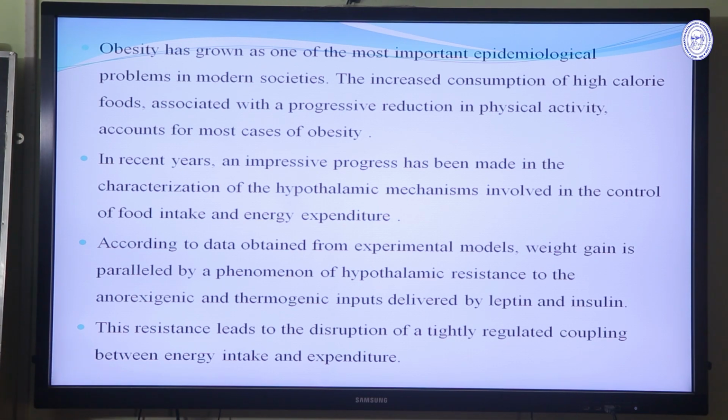According to data obtained from different animal studies and experimental models, weight gain is paralleled by hypothalamic resistance towards the anorexigenic and thermogenic inputs delivered by leptin and ghrelin, two hormones that play a very crucial role in the regulation of food intake. This resistance disrupts the tightly regulated coupling between energy intake and expenditure.